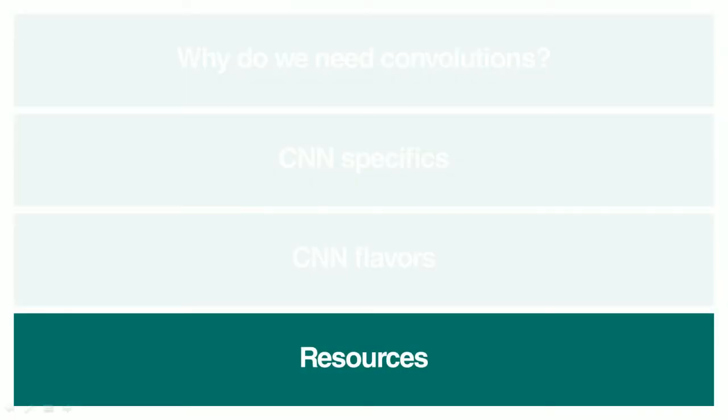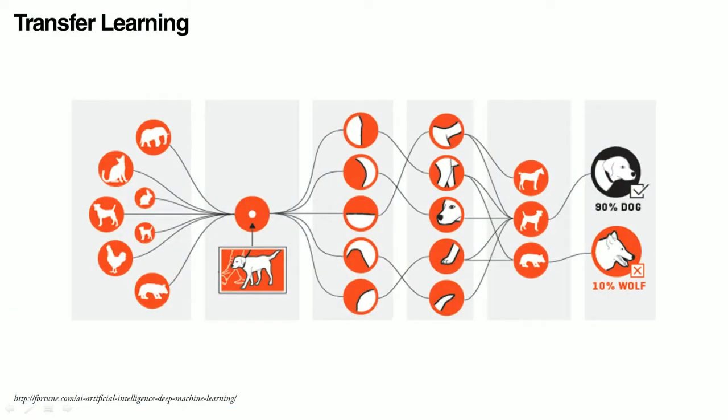All right, finally we move to resources. And I've chosen to include transfer learning under resources because I believe that most likely you would start with a pre-trained model for your efforts as you experiment with your data. And the reason why transfer learning works so well is really the increasingly higher level of features that CNNs learn that we've touched on earlier.